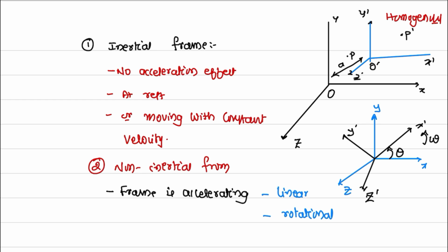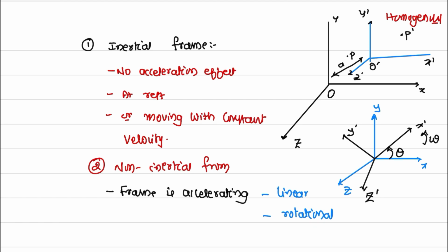A rotating frame will have an acceleration until and unless the acceleration does not have any effect on the property of the particle. Here also in homogeneous also the same thing. If there is an effect on the property of the particle, definitely there is an acceleration.